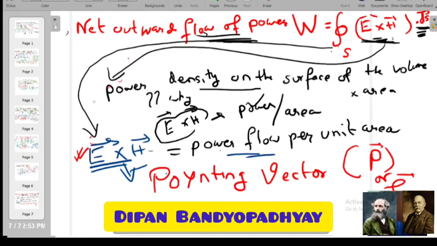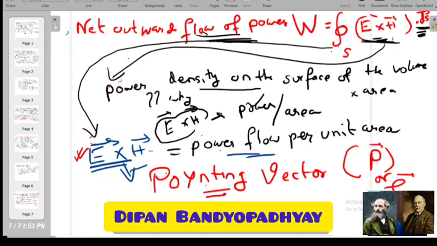It will give the information of the power. I will give an example later where this Poynting vector, E cross H, fails to give the information of the power. I will make a scenario on that. But before that, this is the Poynting vector that we are going to know.